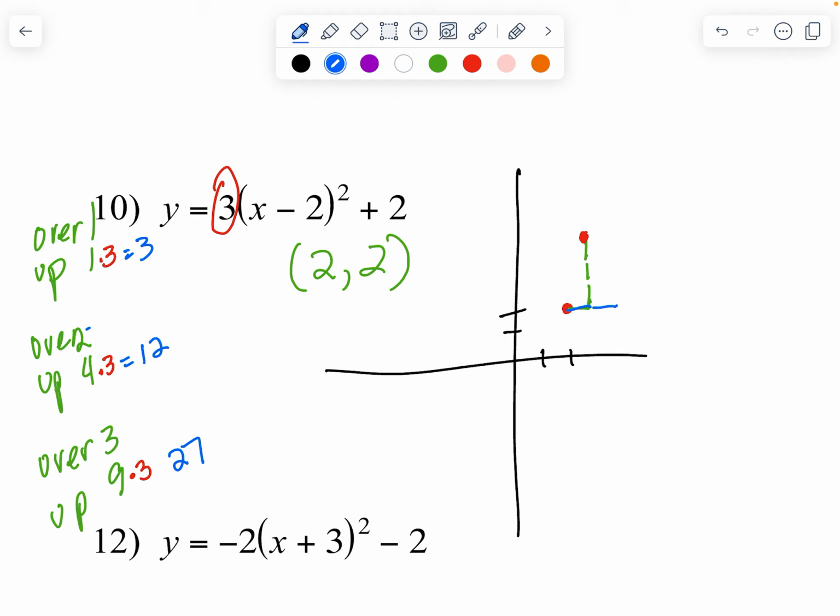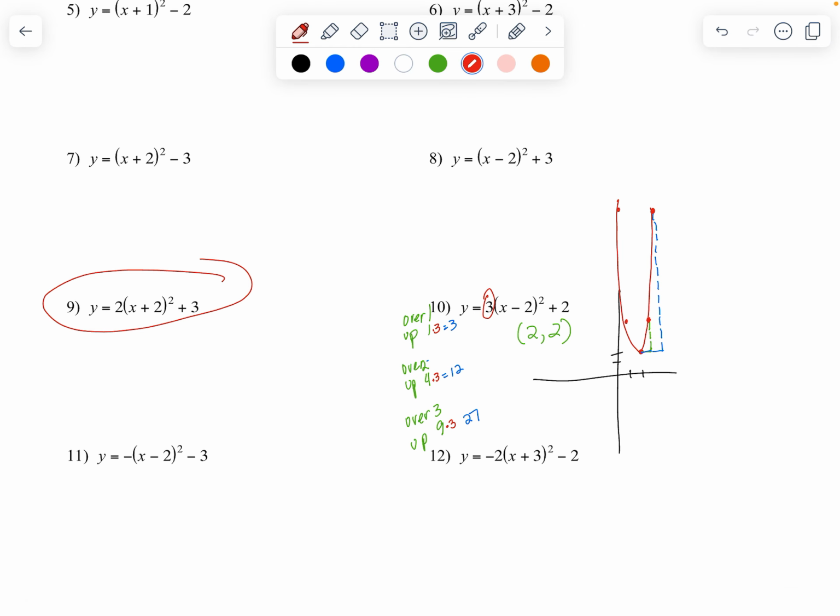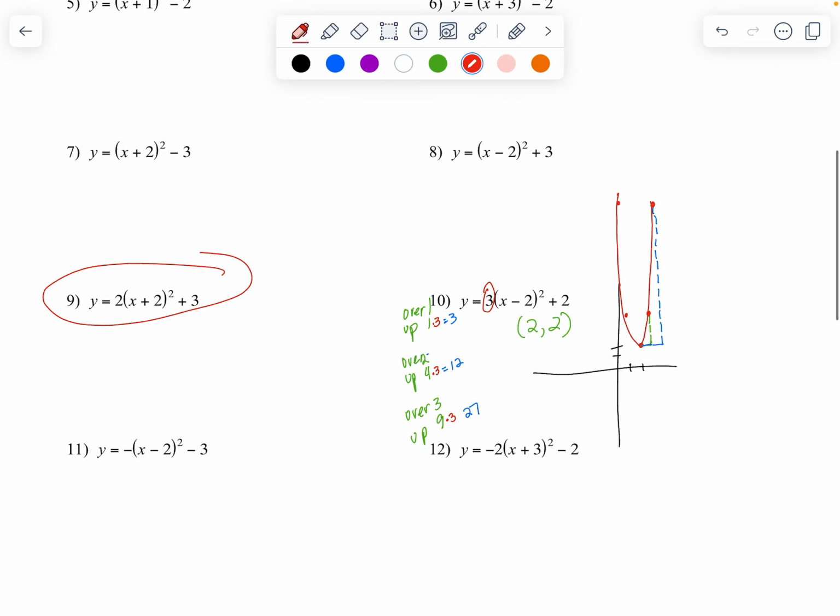And then up 12. 1, 2, 3, 4, 5, 6, 7, 8, 9, 10, 11, 12. And do the same thing on this side. There you go. Okay.